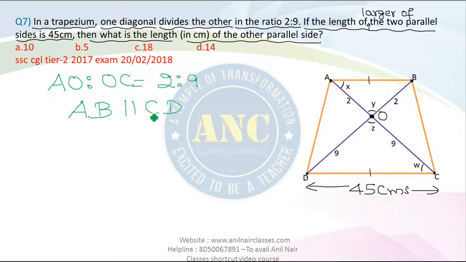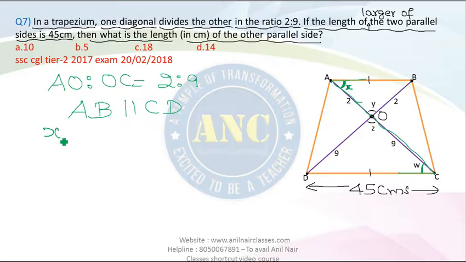If I call this angle X, and take this Z notation like this, angle X and angle W are absolutely the same.